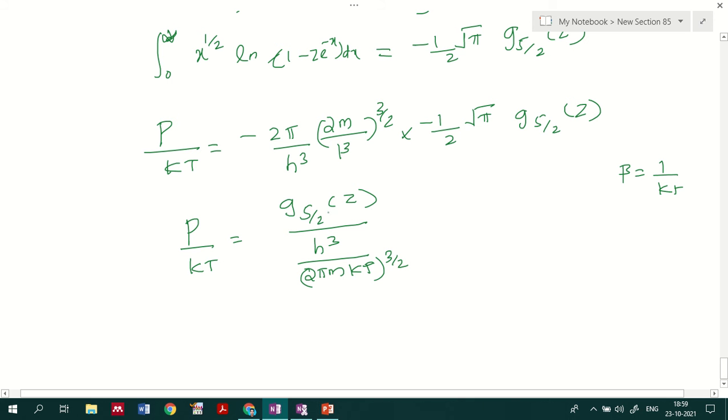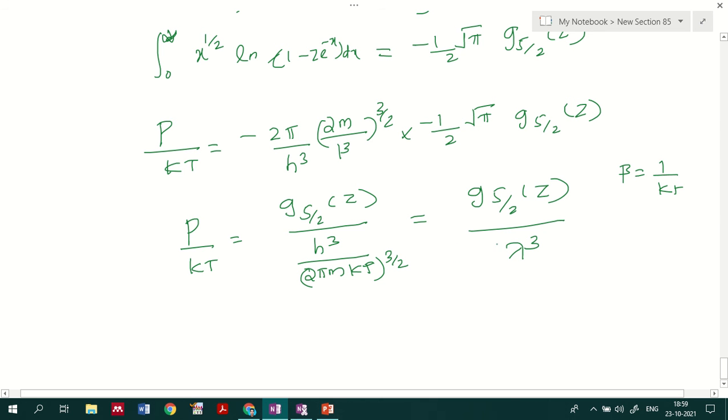So you know overall g 5 by 2 will be equal to, which I can write like this, so this minus and minus get cancelled, so what we will be getting is g 5 by 2 of z divided by, and this one already we know, h cube divided by 2 pi m kt, which is the mean wavelength, so that is lambda cube.